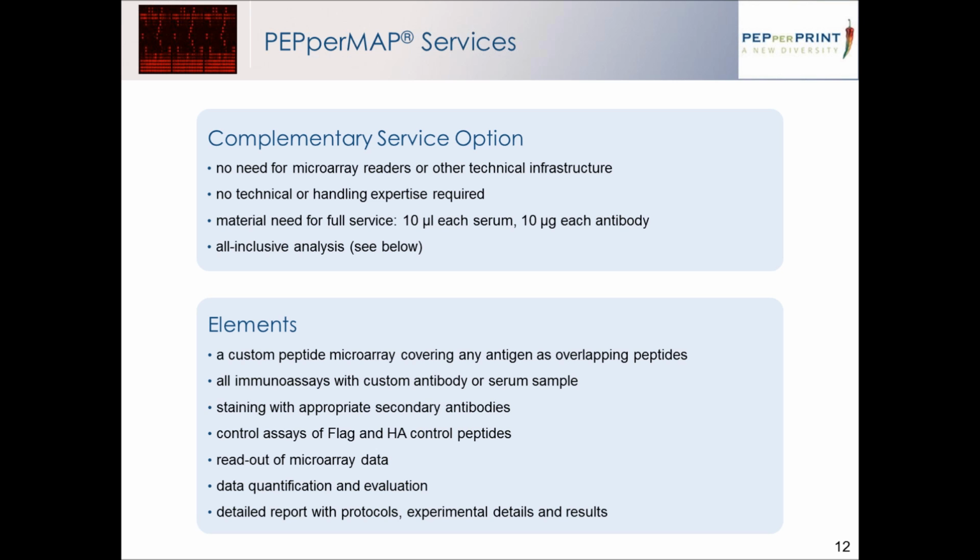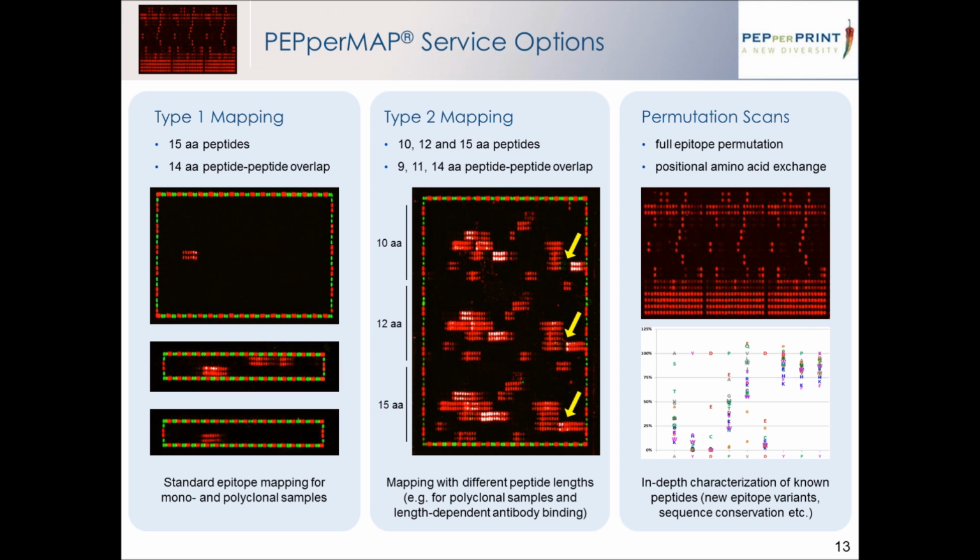The service is performed by highly experienced staff and includes a custom peptide microarray with your antigen or antigens translated into overlapping peptides, all immunoassays with your antibody or serum sample and matching secondary antibody, of course, then control assays with anti-FLAG and anti-HA control antibodies, readout of microarray data, data quantification, evaluation, and at the end you get a detailed report with protocols, experimental details, and results.